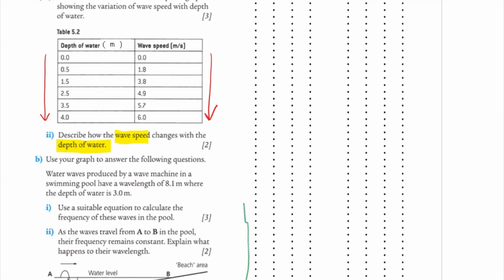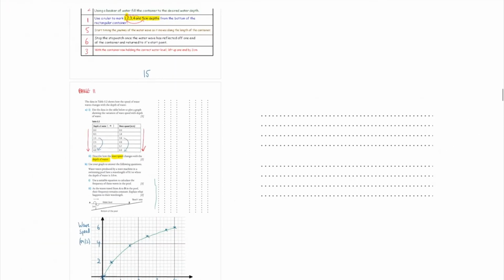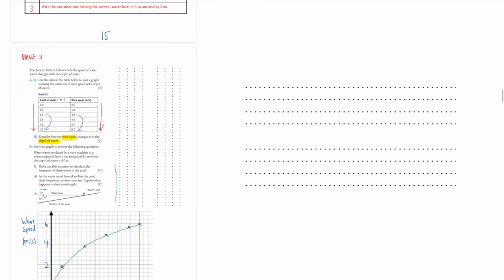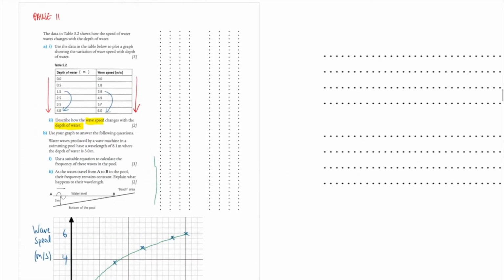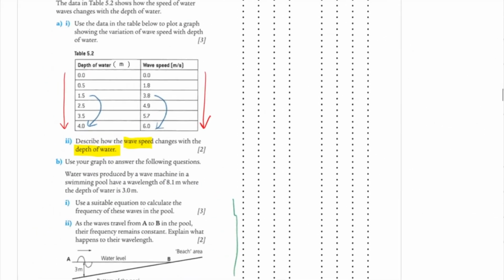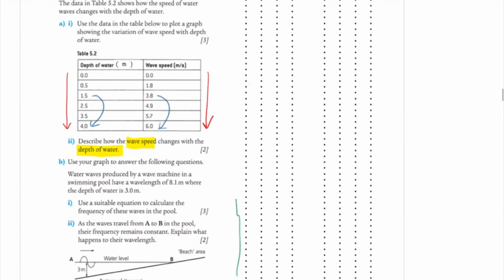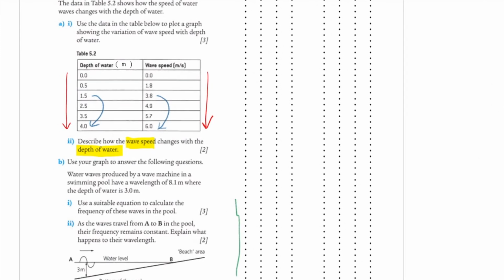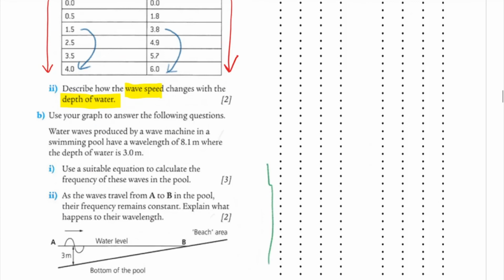Because you could say that as the depth increases from 1.5 to 4, the speed goes from 3.8 to 6. But the main part of the answer you need to include is, and I'm not going to write these down, these are for you to write down, as the depth of water increases, the wave speed increases.